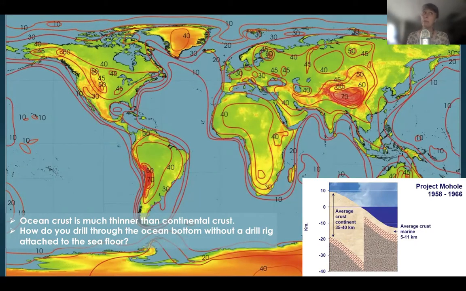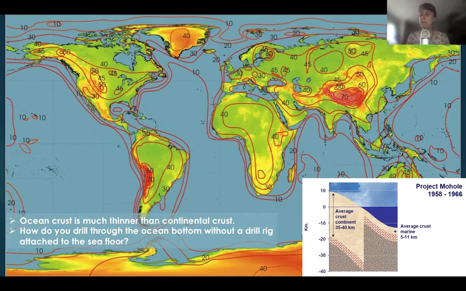Now, the problem was at this stage, we didn't know how to drill through to the ocean floor because the drilling that we had done, the oil drilling that we had done at this point, had all been from structures that were attached to the earth when they drilled. And to drill to the ocean floor, we want to get out beyond the shelves and out to where the ocean crust is.